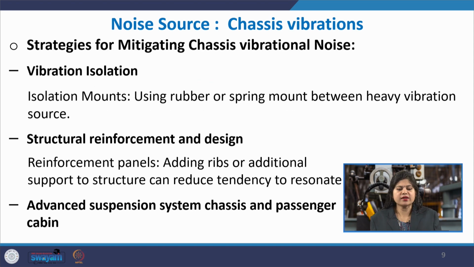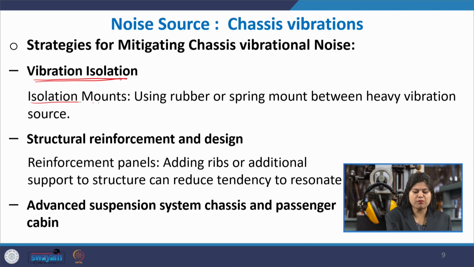So, what are the strategies for mitigating this chassis vibrational noise? First of all, because it is structure borne noise passing in the form of vibrations, you would like to attenuate it. You can do this using the standard techniques of vibration isolation.